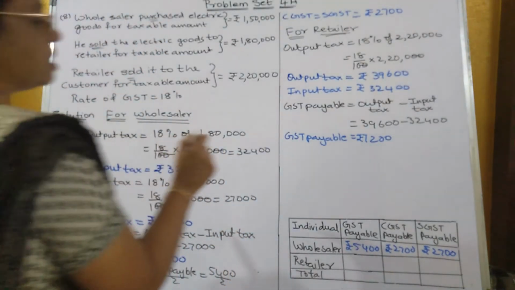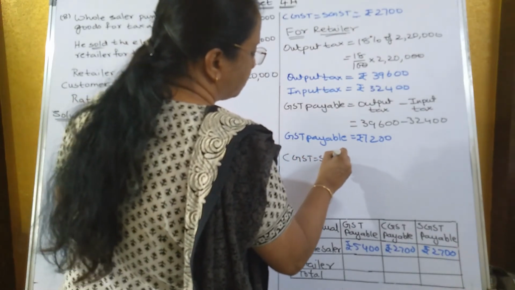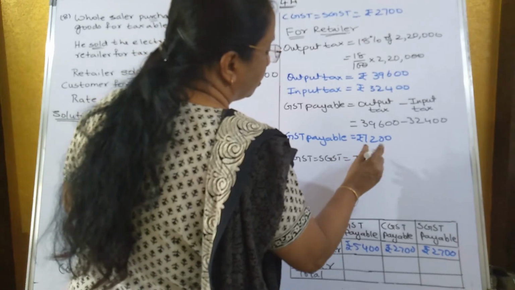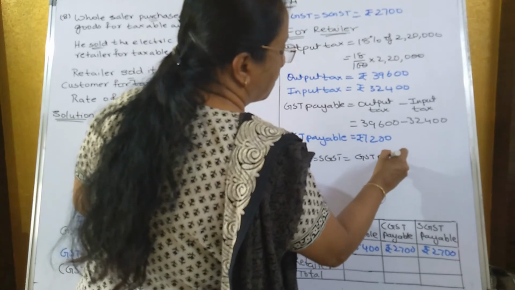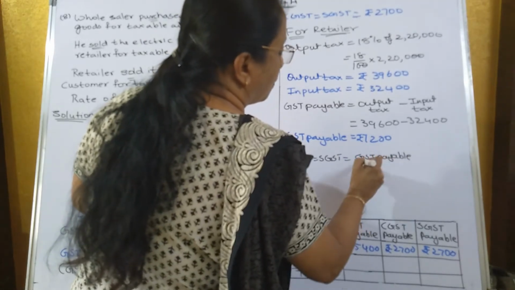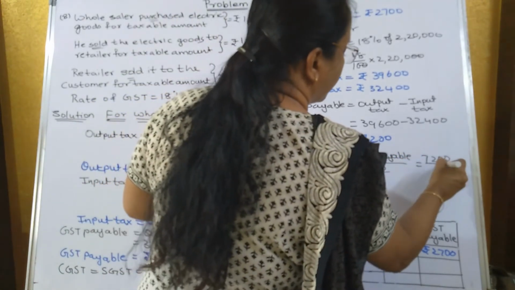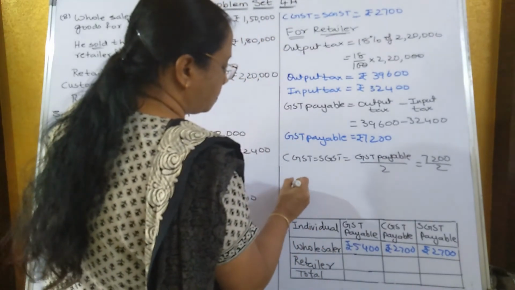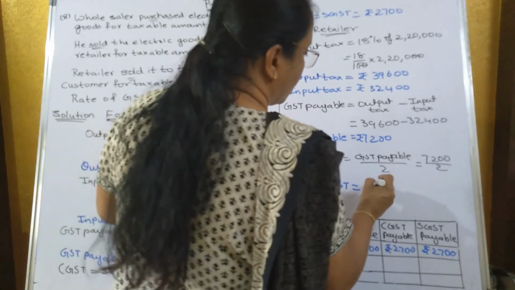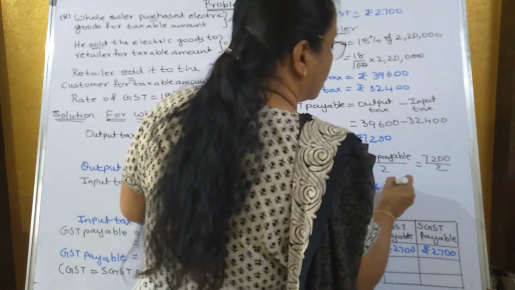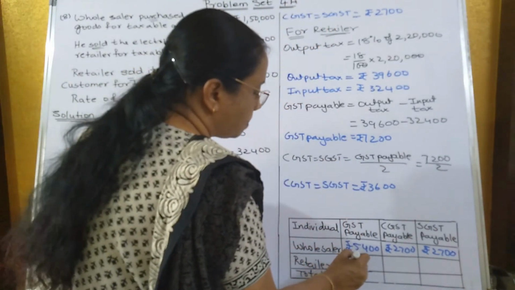So what will be CGST and SGST? CGST is equal to SGST is equal to taxable amount, not taxable, GST payable upon 2. So what is GST over here? 7,200 divided by 2. So CGST is equal to SGST is equal to 3,600.